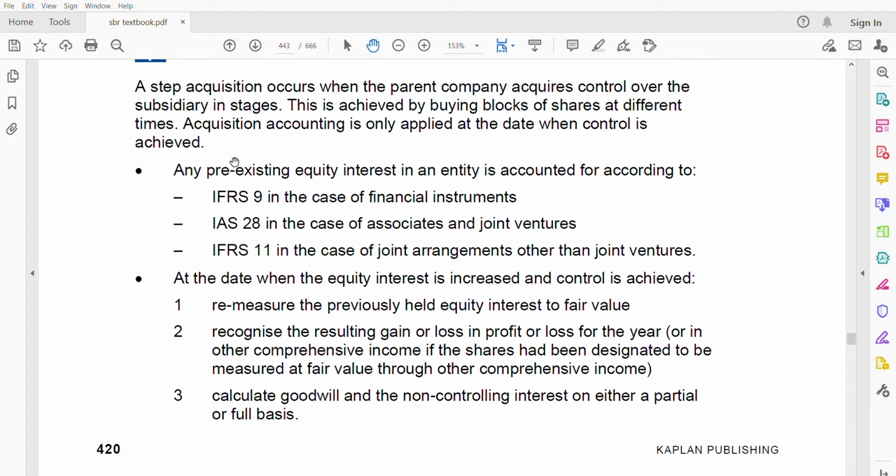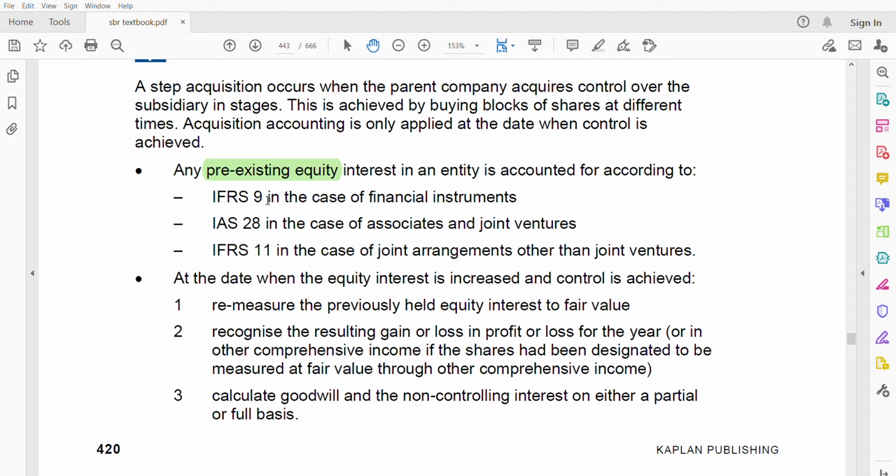Any pre-existing equity interest in an entity is accounted for in one of three ways. Pre-existing means whatever is existing before you are buying. It could be dealt with using IFRS 9.